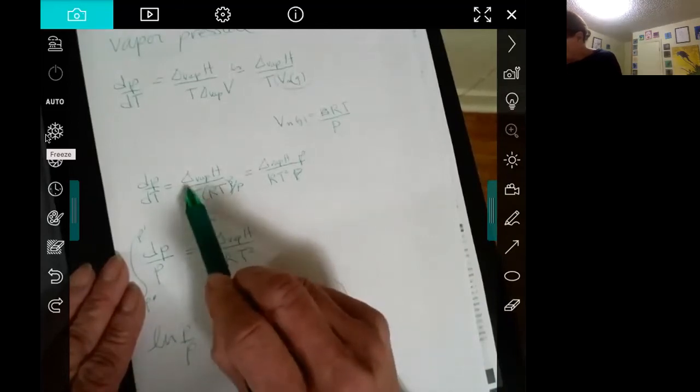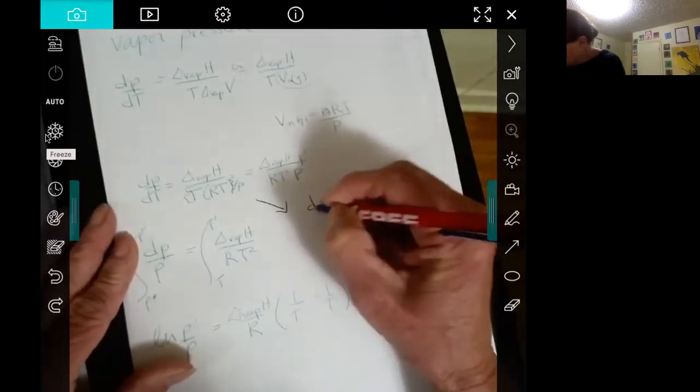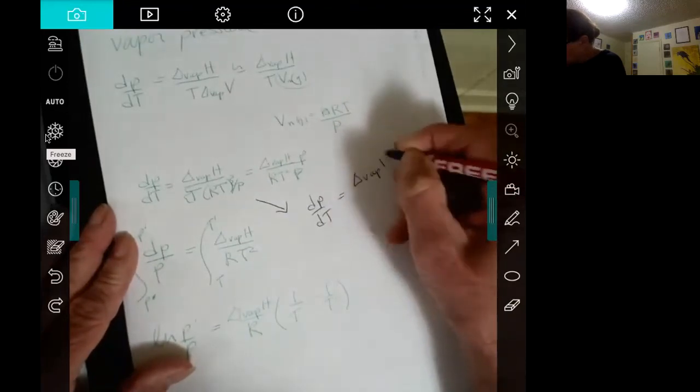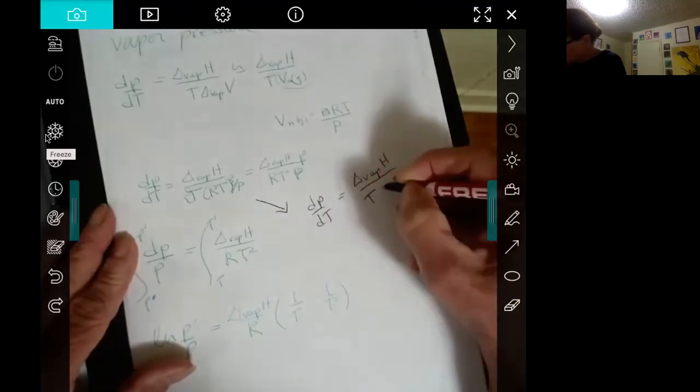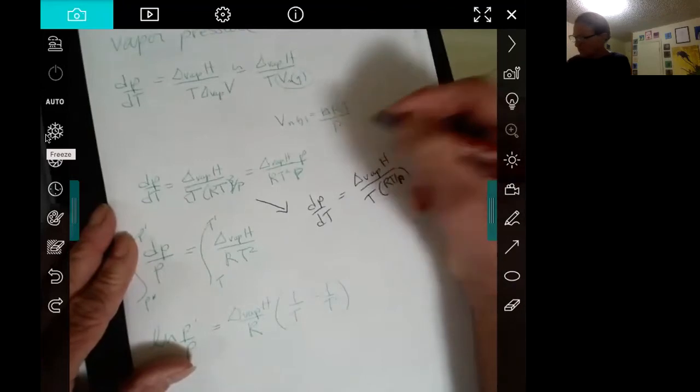And so we have delta H for vaporization over, that's hard to read right there. This says dP dT equals delta H for vaporization over T times RT over P, which was the volume.